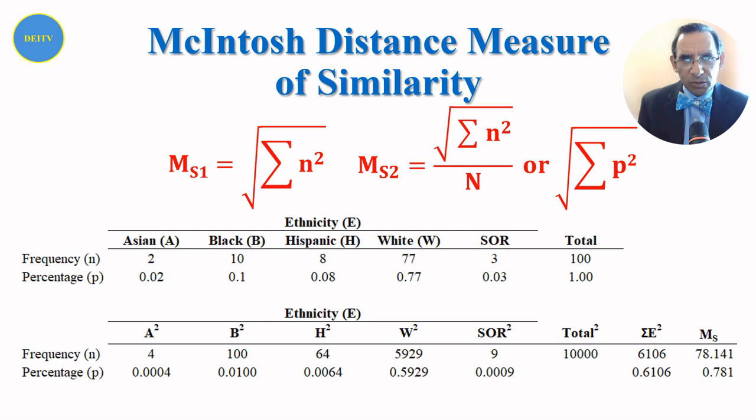There are multiple ways to represent the McIntosh distance measure of similarity. One way is to square the frequency of each group or category and then take the square root of that number. So that will be, for example, 2 times 2, that gives you 4 for Asians.